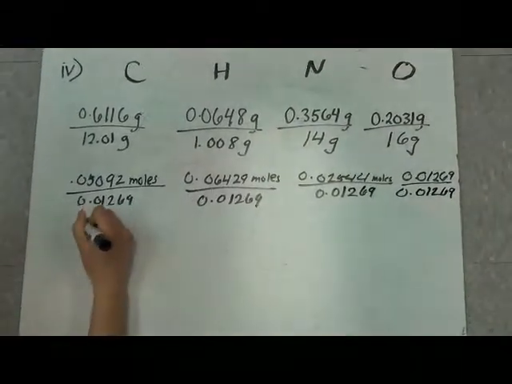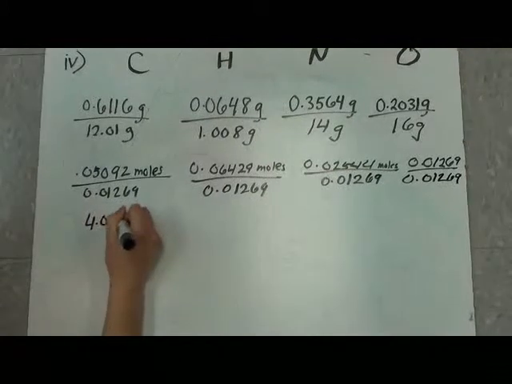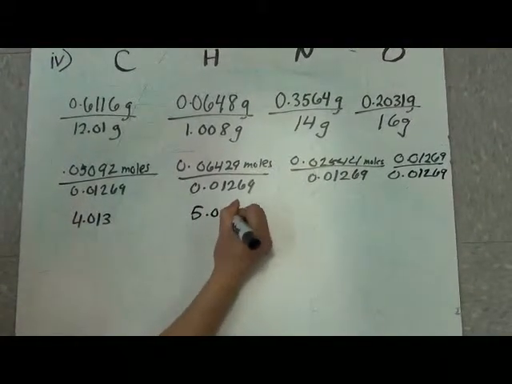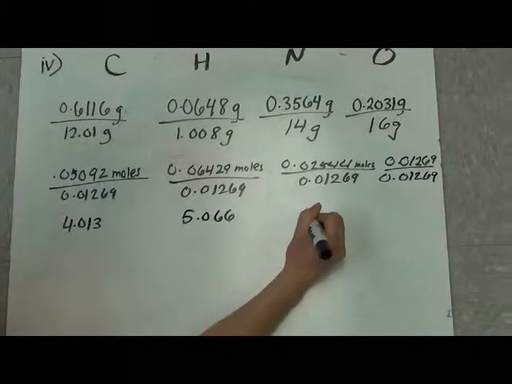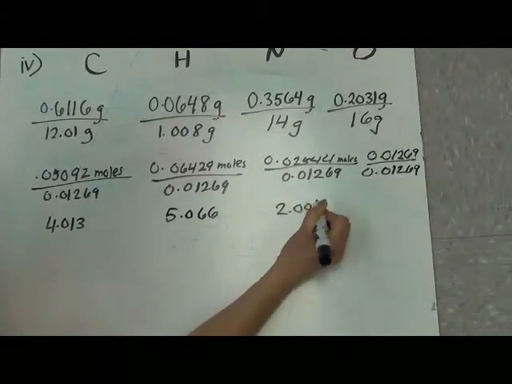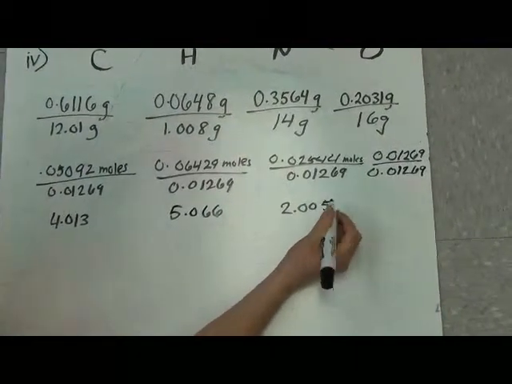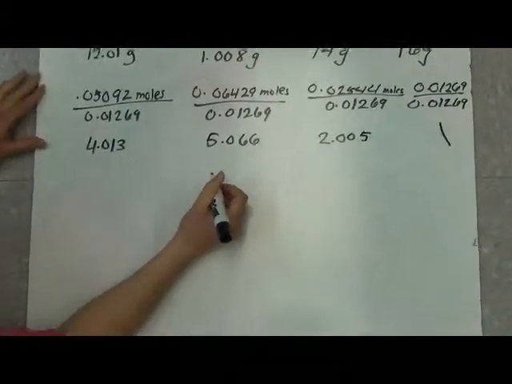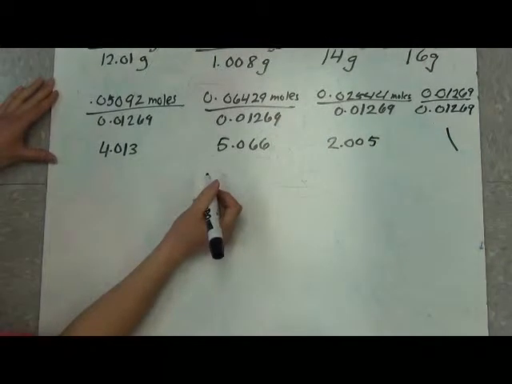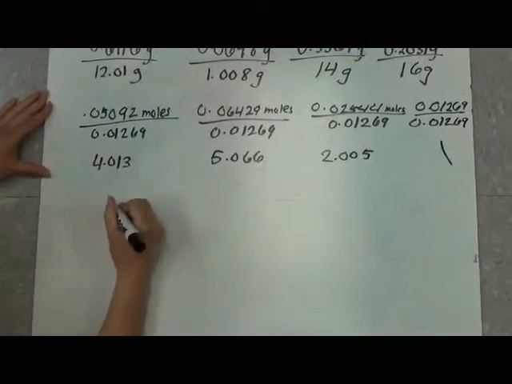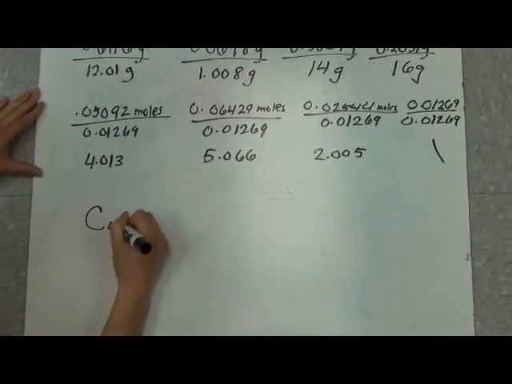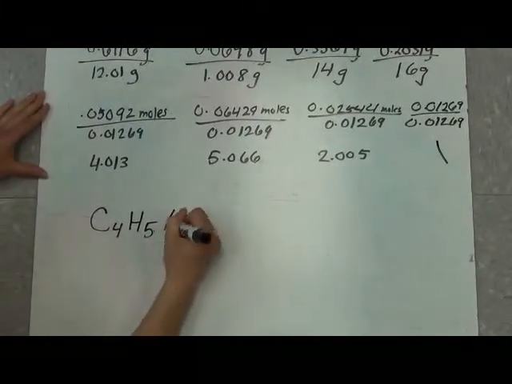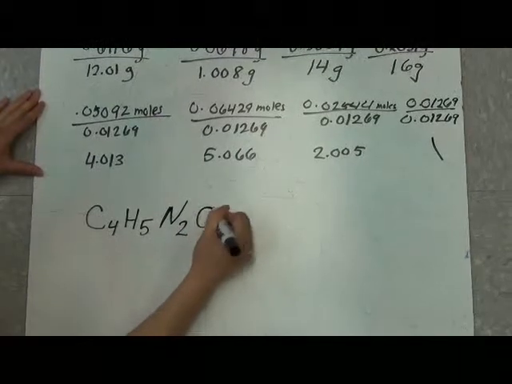This gives us 4.013 for carbon, 5.066 for hydrogen, 2.005 for nitrogen, and 1 for oxygen. This works out nicely because we can round these numbers easily. So we have C4H5N2O.